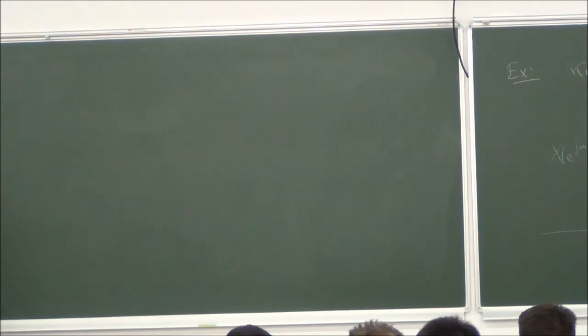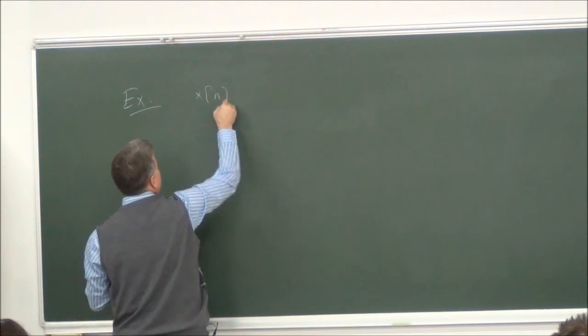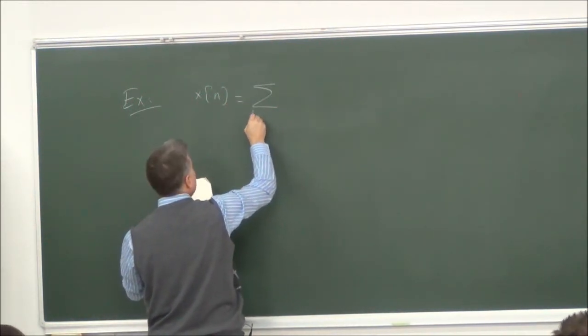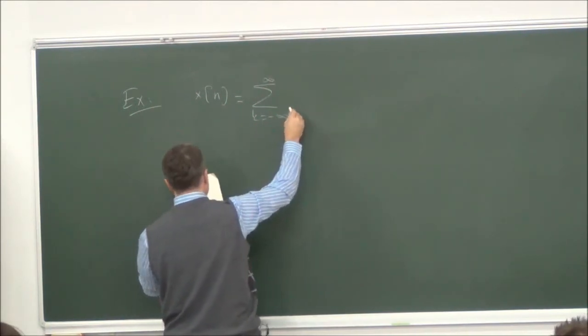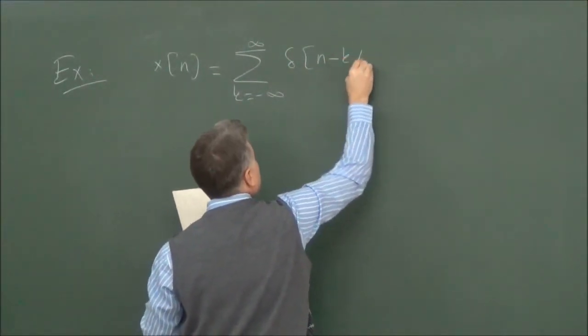Another example, another famous periodic signal is a periodic impulse train, the sum from minus infinity to infinity of delta(n minus k times capital N).